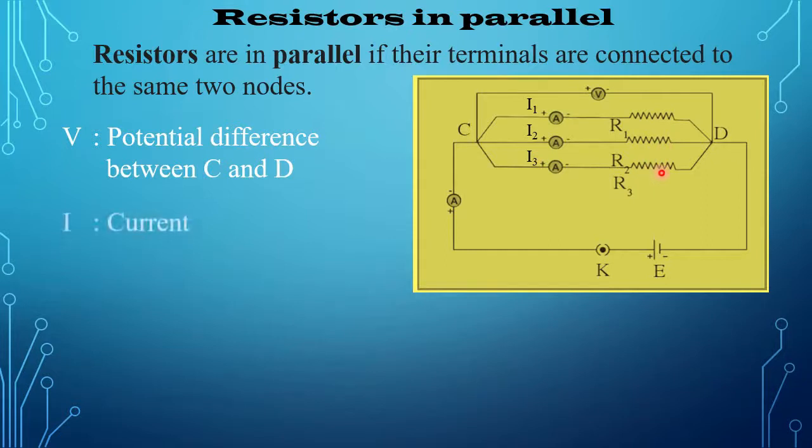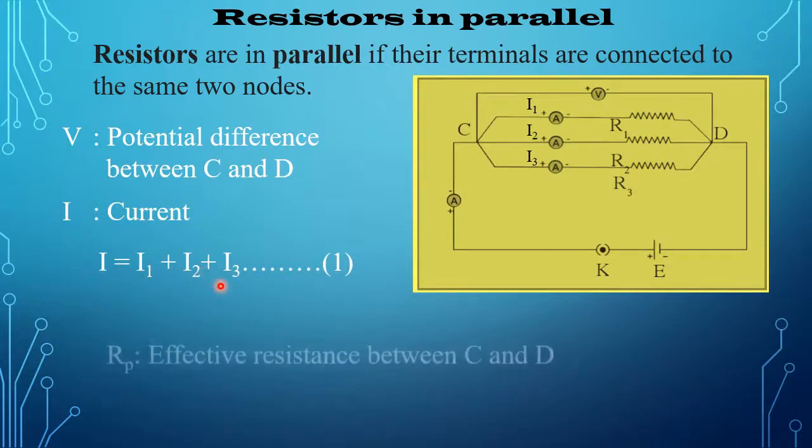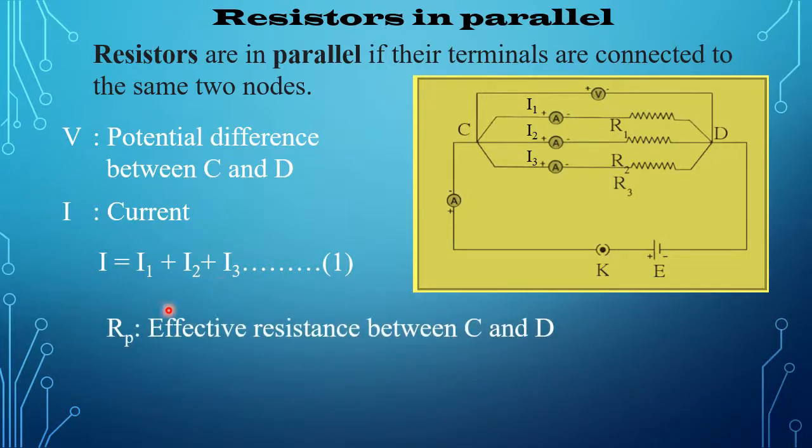Therefore, the total current will be I1 plus I2 plus I3. Let Rp be the effective resistance between point C and D. So, we have V equal to IR according to Ohm's law.